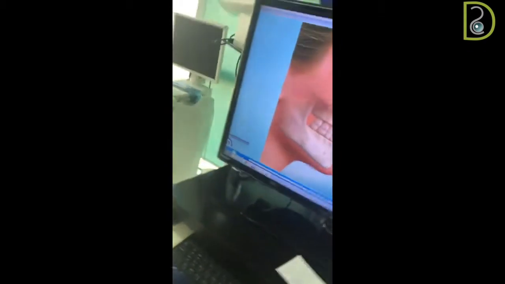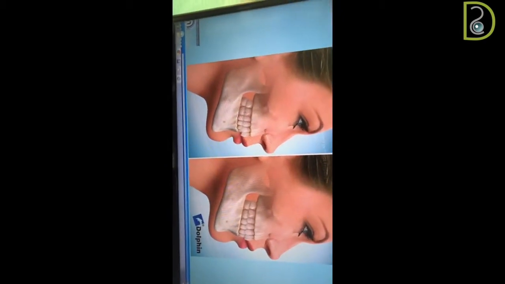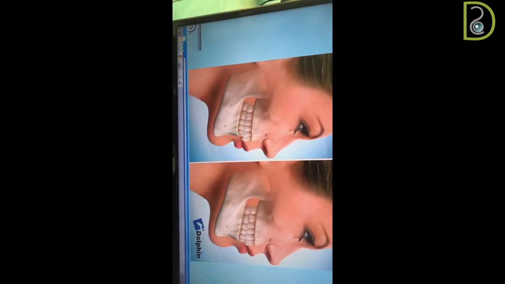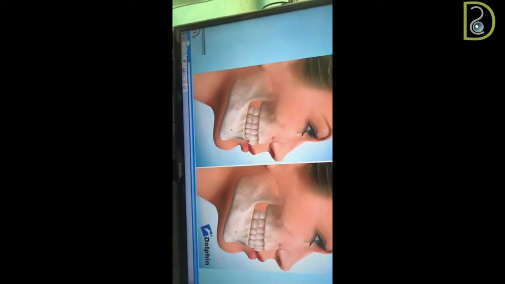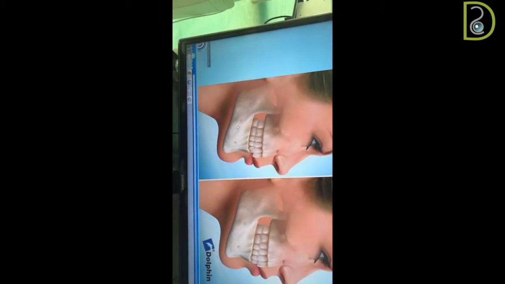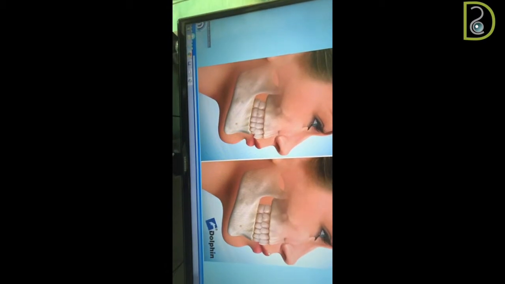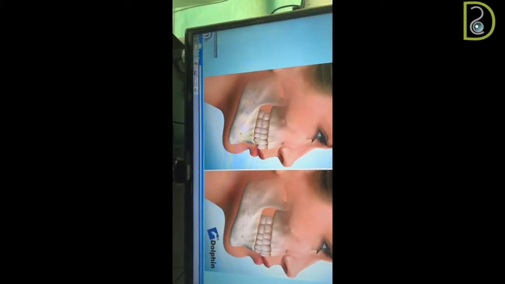Usually class 2 cases have a deep mentolabial fold, the upper teeth are forward, and the lower teeth are backward. Your aim is to restrict the growth of the maxilla and advance the mandible forward, and usually this also has a good effect on the patient's profile.